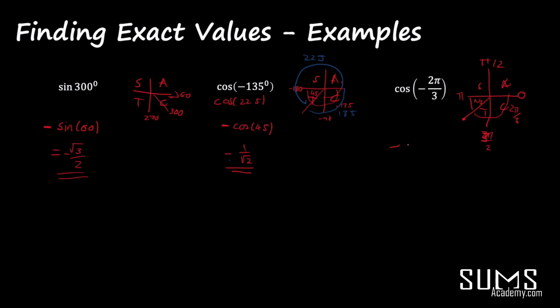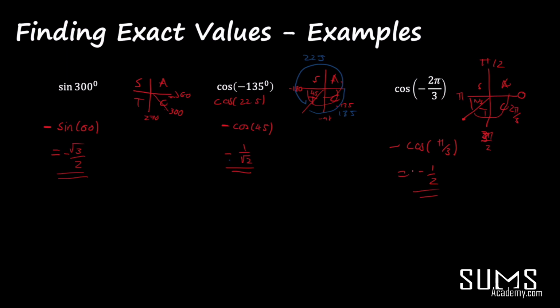So it's going to be negative, and it's going to be negative cos pi over 3, right? So for the final answer, we know that cos 60, which is pi over 3, is a half. So this is going to be negative 1 over 2.